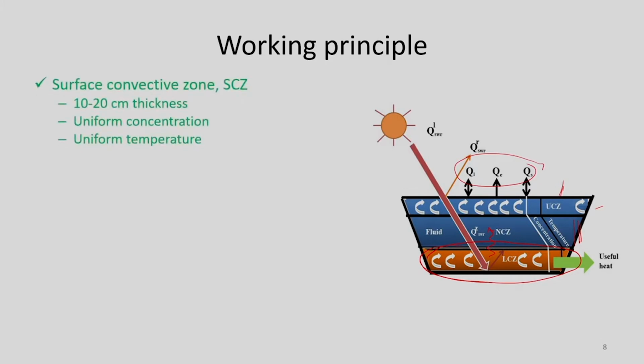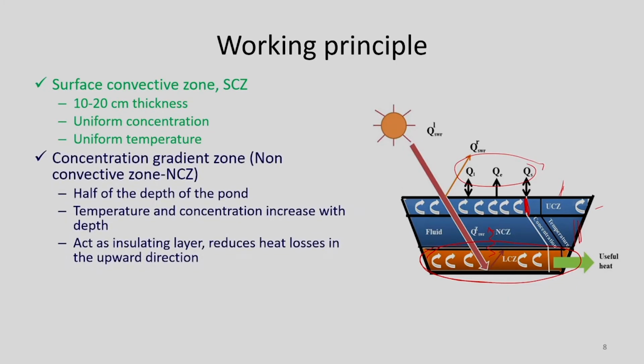This surface convective zone, or upper convective zone, is very thin, about 10 to 20 centimeters, and the concentration is uniform and the temperature is also uniform. Because of that we can have just a line here. So, concentration and temperature are constant. And in the non-convective zone, half of the depth of the pond is normally considered as this non-convective zone.